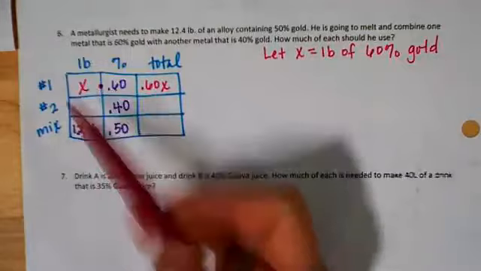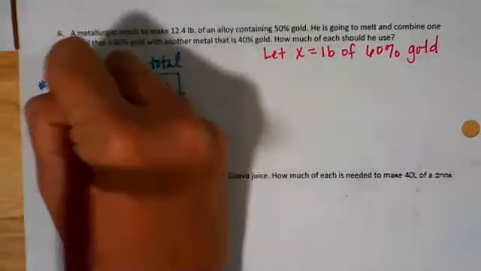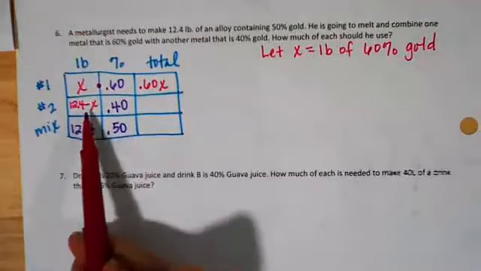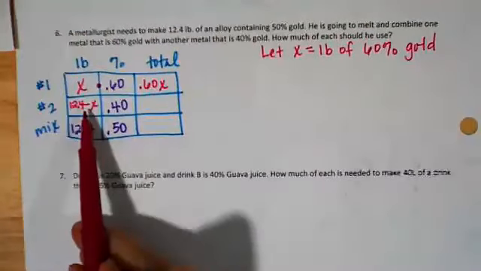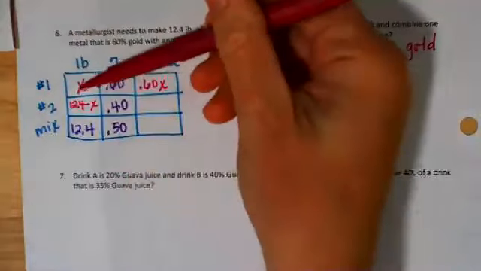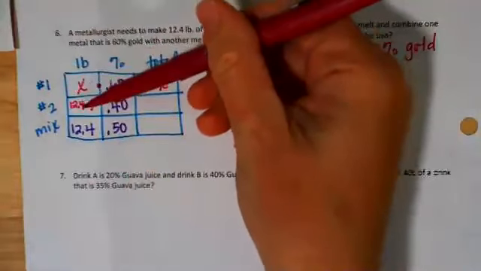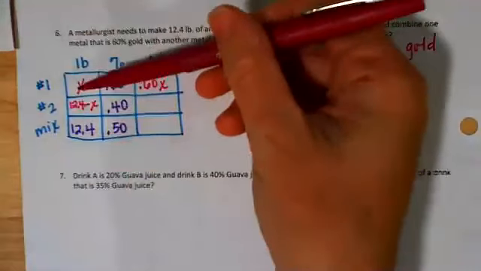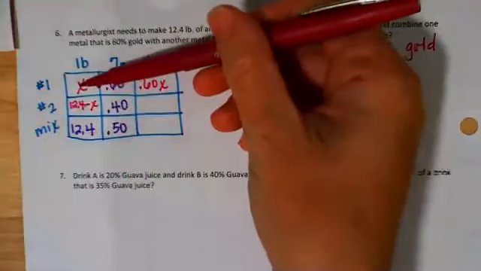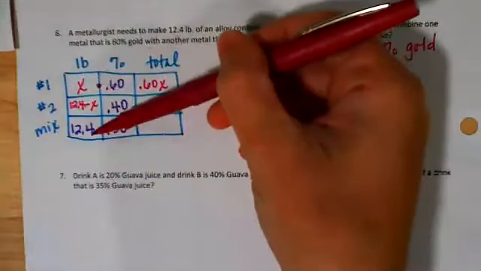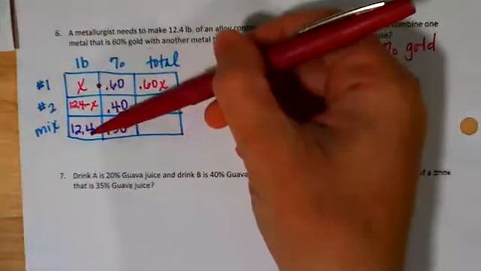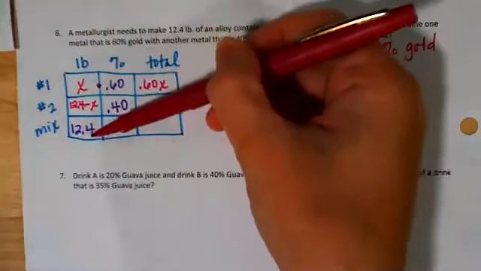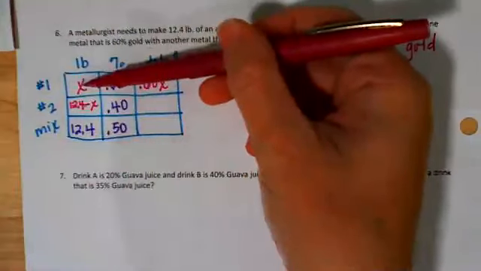That means 12.4 minus X would give me how much of that second one. Working our way down, this plus this should give me this. If X is the pounds of that first one and 12.4 is the pounds of my total, then to get this part of that second one, I need to do 12.4 minus X.